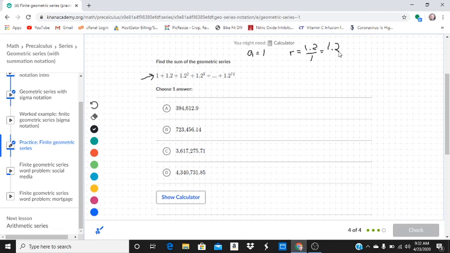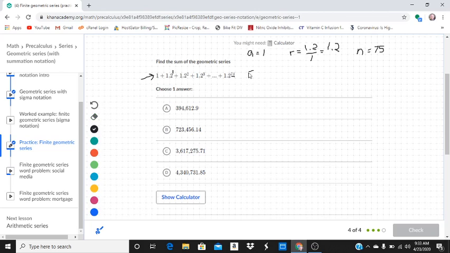You may think we only have 74 terms here, but really, this is 1.2 to the first power, and this is 1 times 1.2 to the 0 power. So we actually have 75. So n is 75.